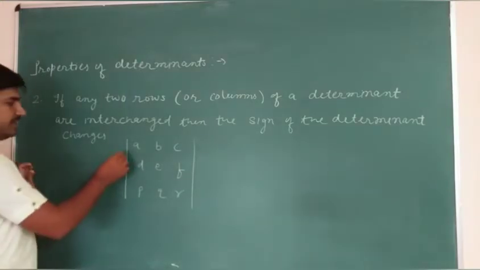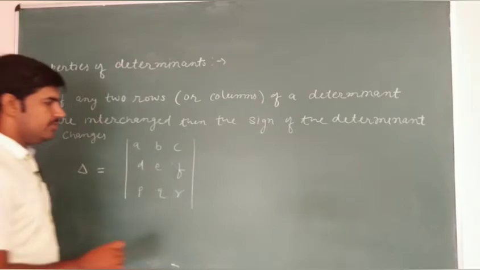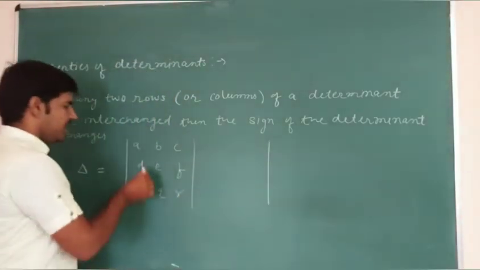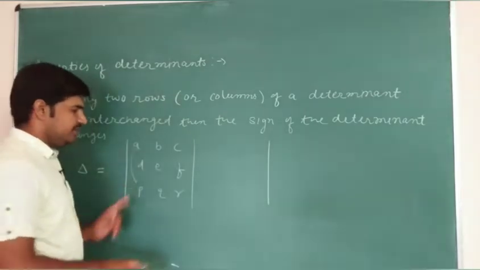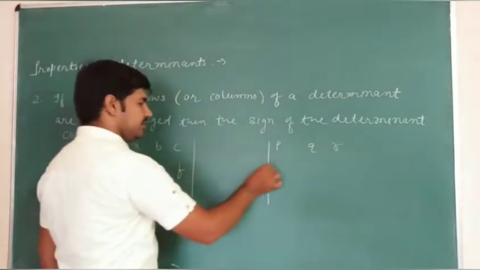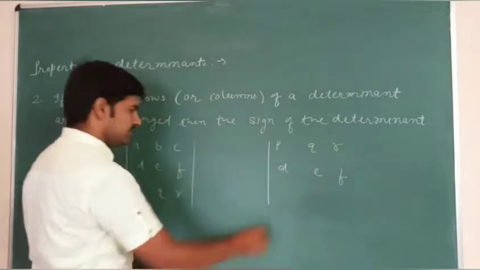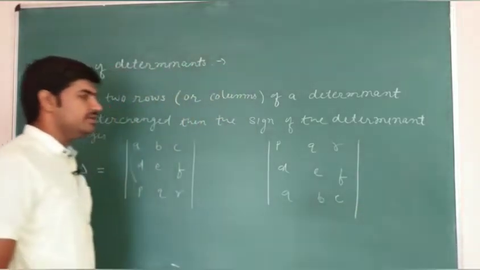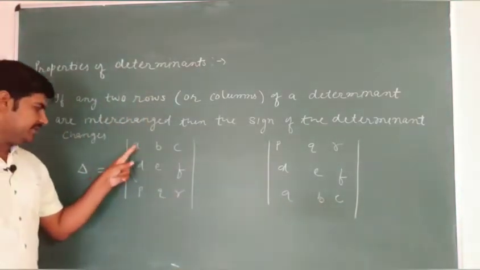Suppose del is the value of this determinant. Now if I interchange the first and third rows, then I write P, Q, R, then D, E, F, and then A, B, C. This determinant has been obtained by interchanging the first and third rows.